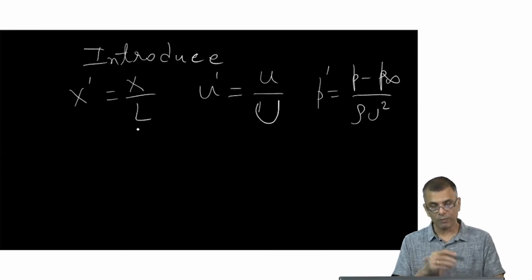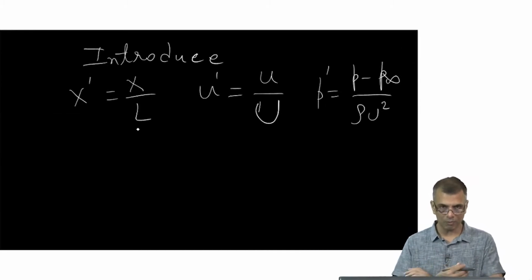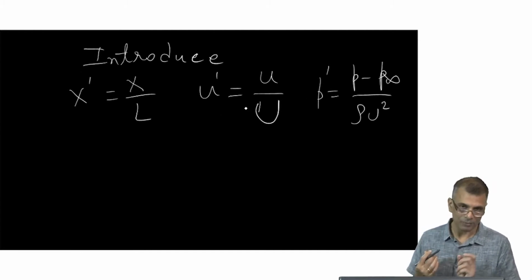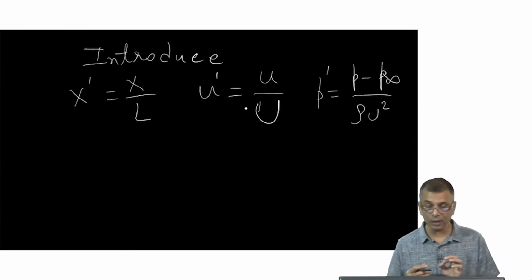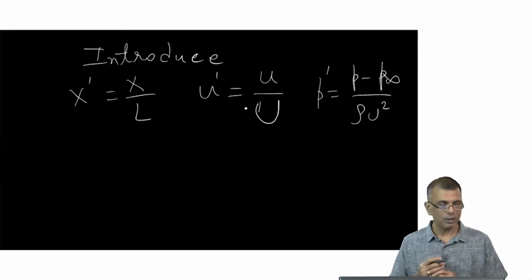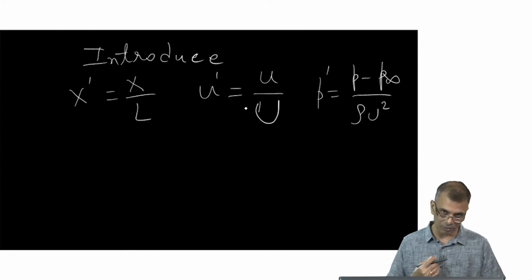And what's the logic here? The quantity L is some representative macroscopic length. The quantity U is some representative, technically an undisturbed velocity. The idea being that viscous effects can typically be considered as a perturbation.